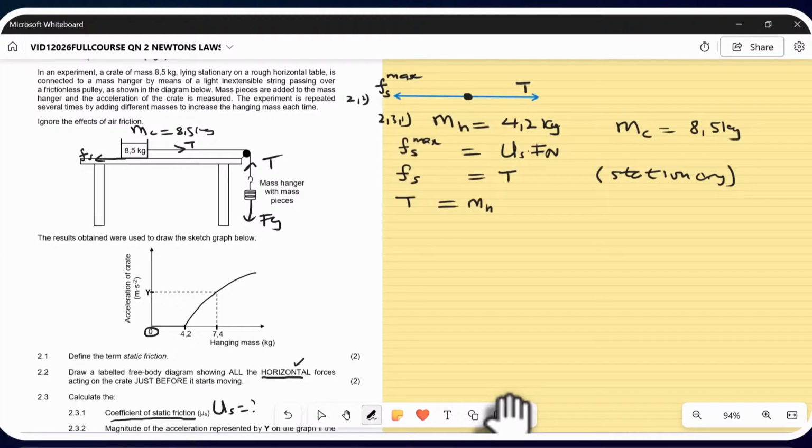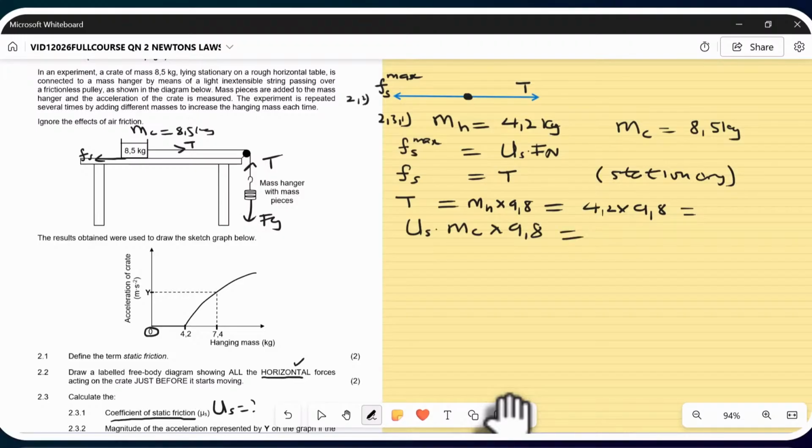I can get it by saying 4.2 times 9.8. Now this is the tension in the string, and we can leave it for now. But at the same time, the coefficient times the mass of the crate times 9.8 also equals this tension, which is 4.2 times 9.8.